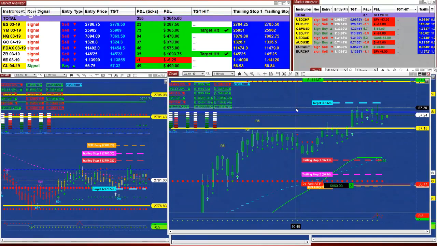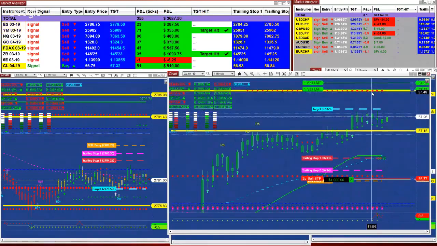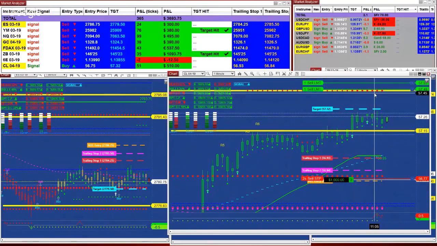Let's see if we can. I'm just curious about the CL, how far it can go. Even if we have a breakout, Kobe, it's going to be the 57.46 level. But that's a lot of ticks between 57.29 and 57.46.